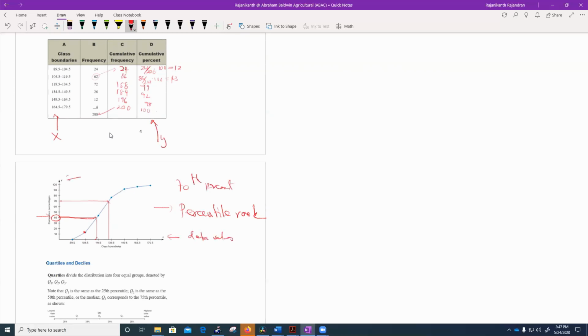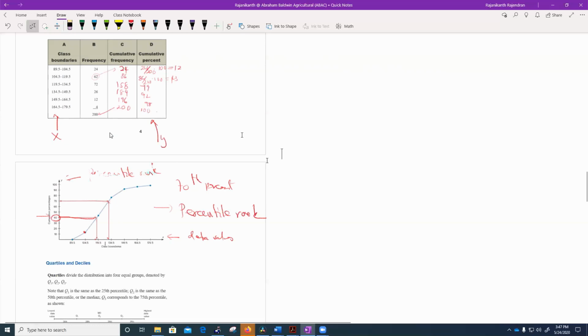My y is cumulative percent; in other words, this is the percentile rank. So the 70th percentile corresponds to this data value, a little bit smaller than 134.5. This is another way to graphically explain the relationship between your actual data value and percentile rank.